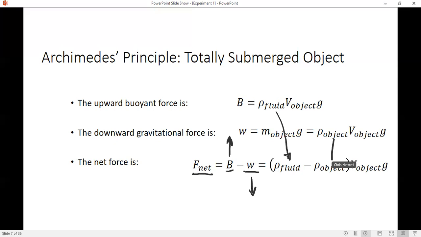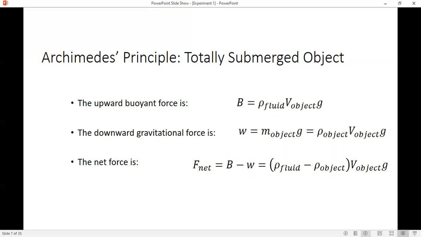The weight is the density of the object times the volume of the object times acceleration of gravity. So we can simplify it to be the difference in density times the volume of the object times acceleration of gravity is going to give you the net force on the object. And again, if the object is floating, this net force is zero. If the object is submerged and this force is not zero, it's going to keep sinking further and further.